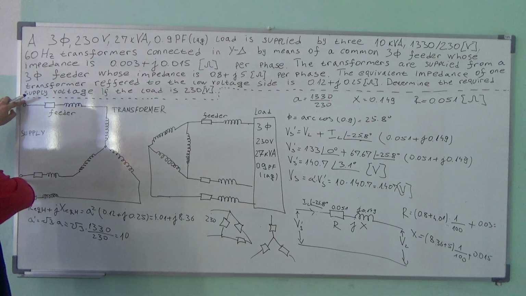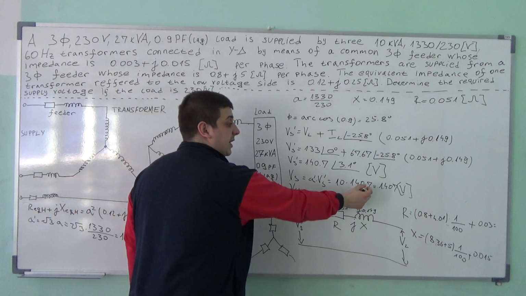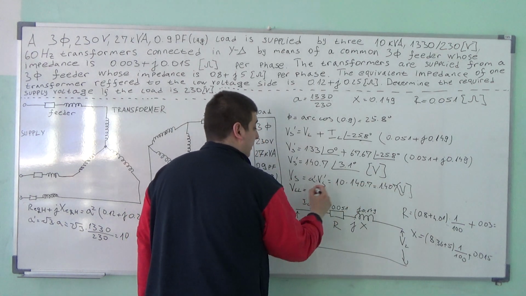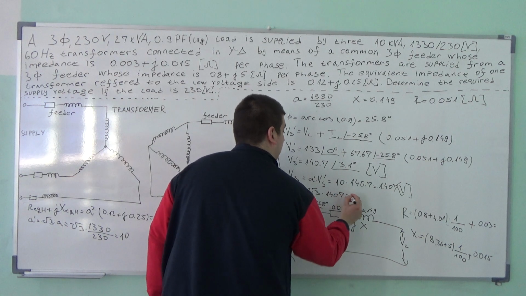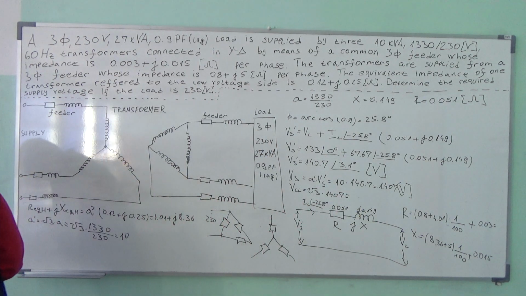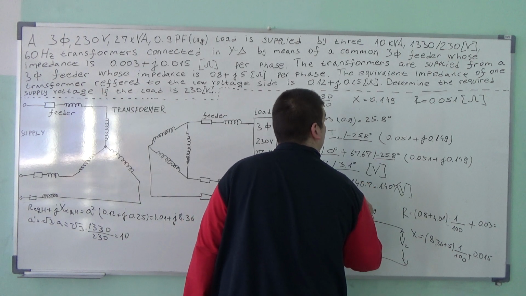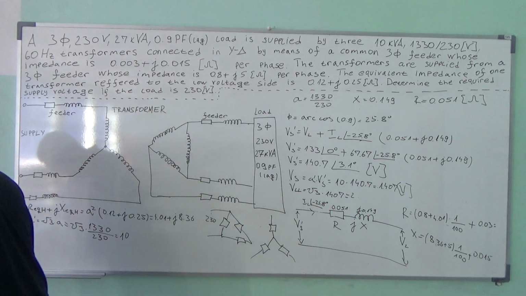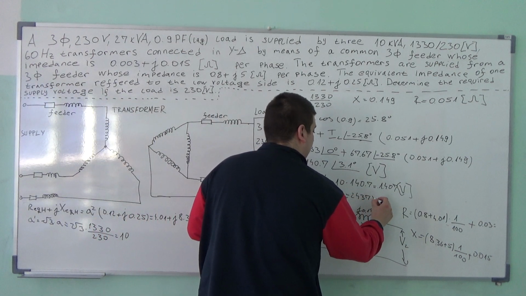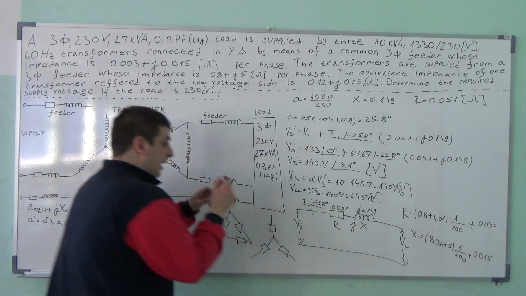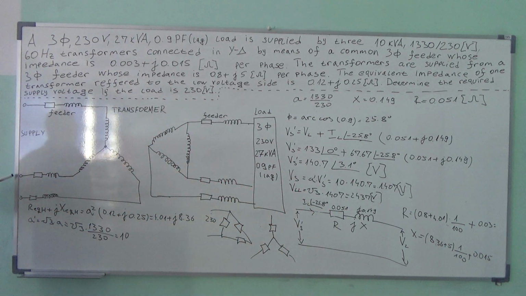Now, if you want the line-to-line voltage, you just multiply this by square root of 3, and you get 2,437 volts. So this is the line-to-line voltage on the supply line.